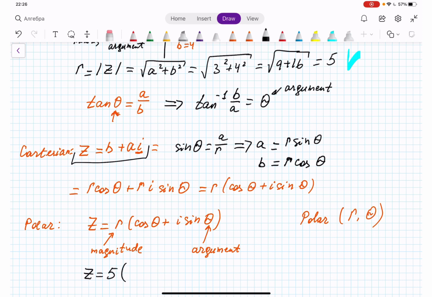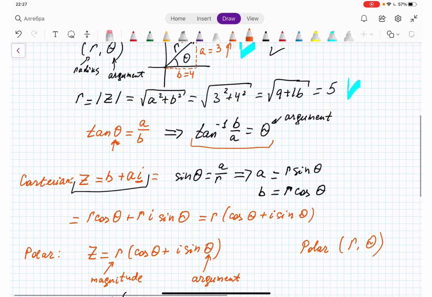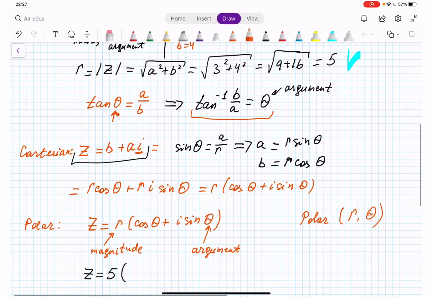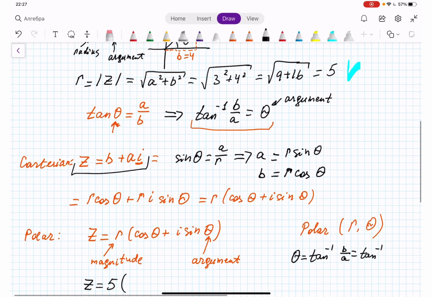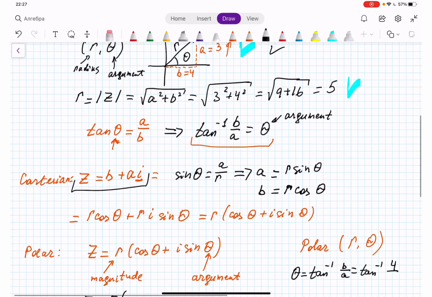Now let's go to cosine theta. To find cosine theta, I need to know theta. Let me remind you, theta is equal to the inverse tangent of b over a. How much is our b? 4, right? Let me do some drafting here. So theta is equal to the inverse tangent of b over a, where b is 4 and a is 3.